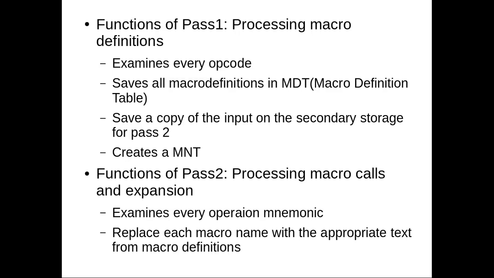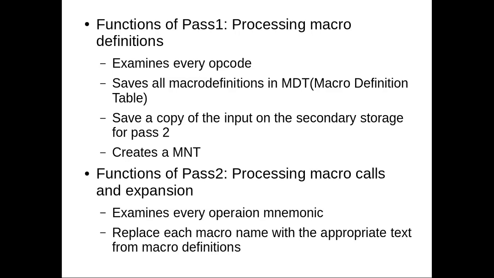If the macro processor sees any macro definition with the pseudo opcodes MACRO and MEND, it will store it into a database called the macro definition table. Then the remaining program without the macro definitions has to be stored into the secondary storage to be used in pass 2.